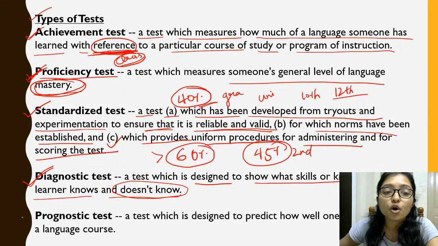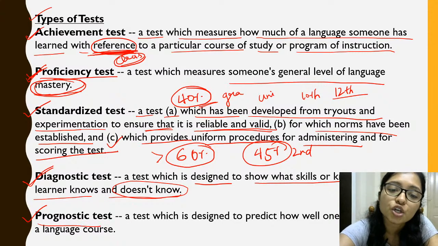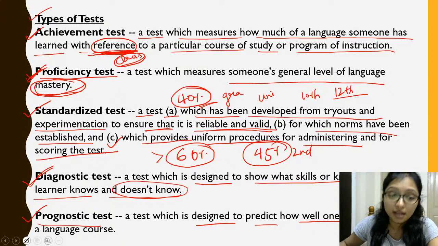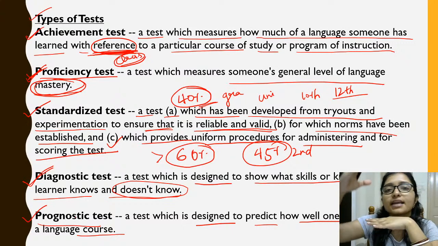And prognostic test. What is prognostic test? Prognostic test is a test which is designed to predict how well one is likely to do in a language course. Means how well, means your performance level.